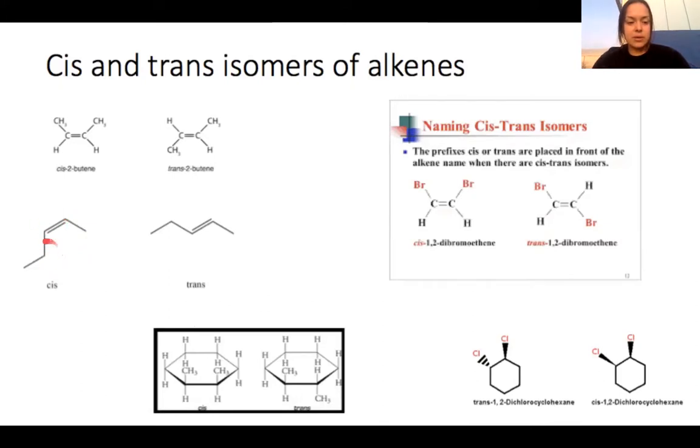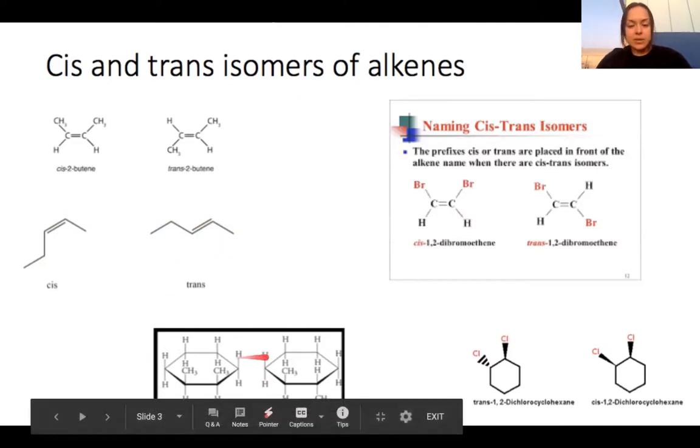Notice the groups that had priority are on the same side of that line. So this is cis. Again, this one, if I drew a dotted line across where the double bond is, I can see the ethyl group here and then the methyl group on this other side, and I can see that this is trans. They're on opposite sides of that double bond.